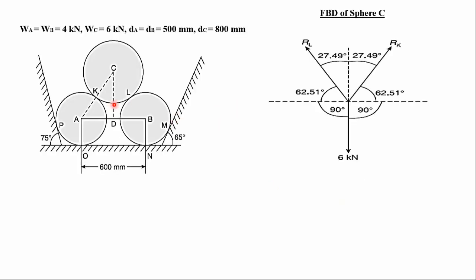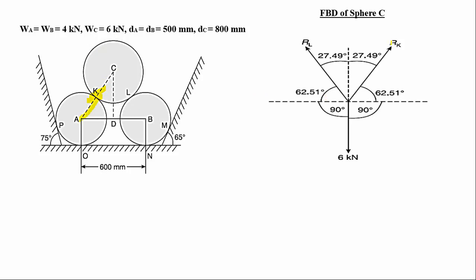We'll draw the free body diagram of sphere C. The self weight of the sphere is 6 kilonewton. Weight always acts in the downward direction. Next, C is touching at point K, so reaction will be developed somewhat like this.